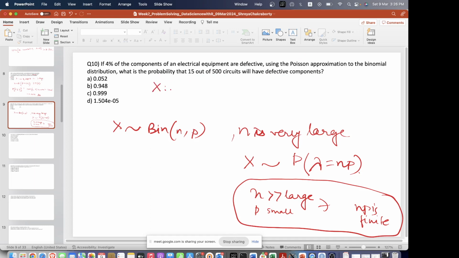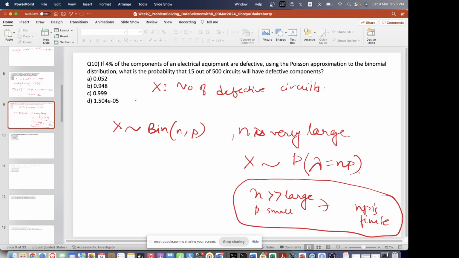X is how much? I mean, how should I define this random variable X? X is the number of defective circuits. Alright.